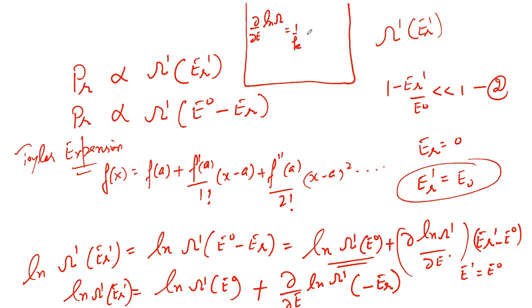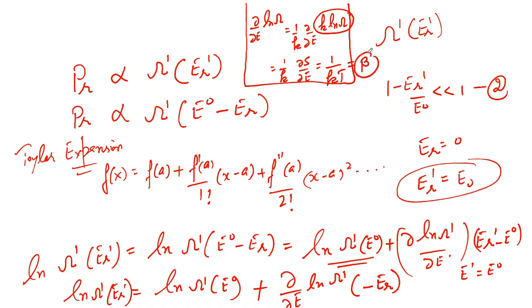if I multiply and divide this with k, then k log of omega, that is the entropy. So this equation becomes curly S over curly E, and this curly S over curly E is equal to 1 over T. So this becomes 1 over kT, and that is equal to this beta value.